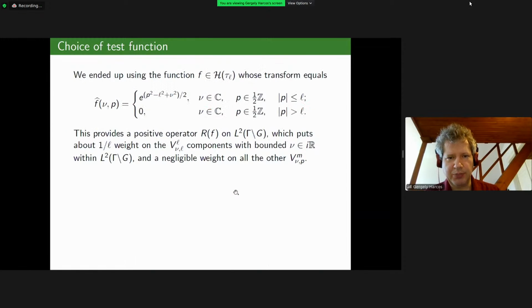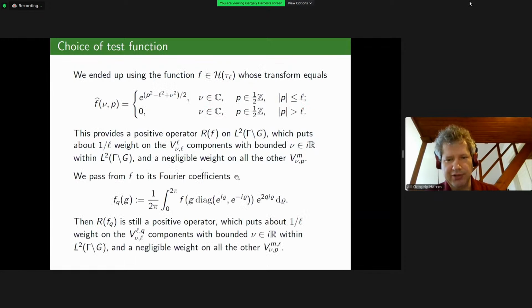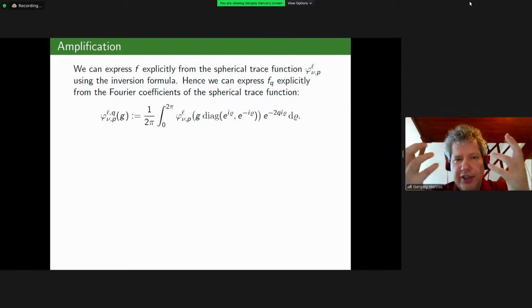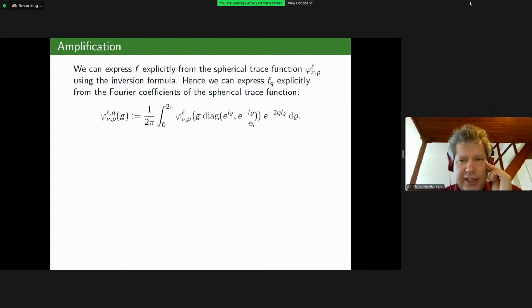At this point, things get really difficult from an analytic point of view, because already the spherical trace function was a difficult analytic object. And now we find ourselves in need of taking its Q Fourier coefficient. So the already complicated object is integrated like this, and we have to estimate this Q Fourier coefficient of the spherical trace function.